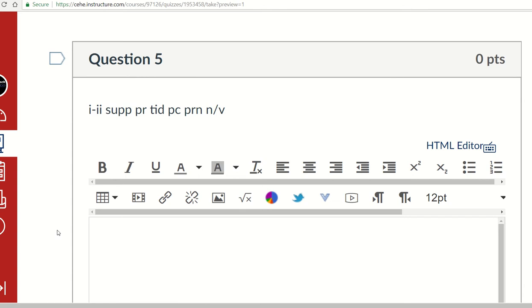Number 5, very similar to the previous one, but this time it's going to be 1 to 2 suppositories. Remember, we always start off with the correct verb. So what's the verb again? Yep. Unwrap and insert 1 to 2 suppositories into the rectum 3 times a day after meals as needed for nausea and vomiting.